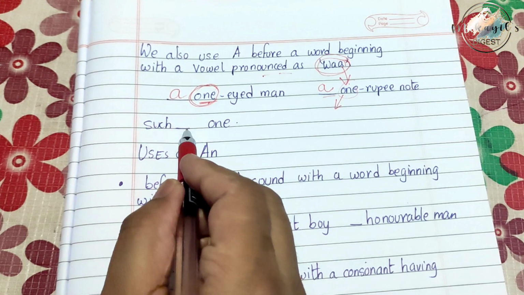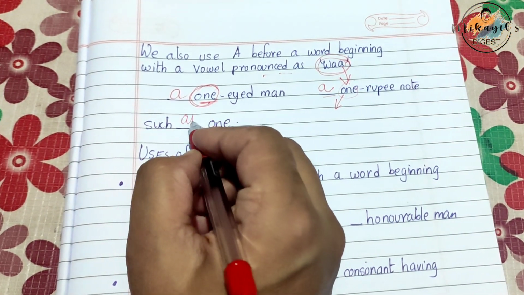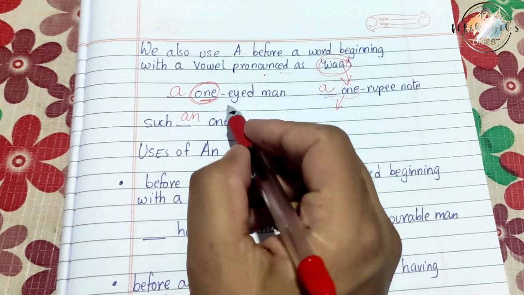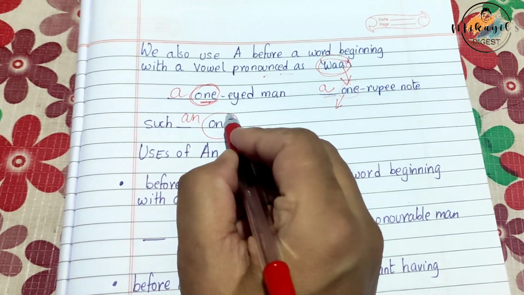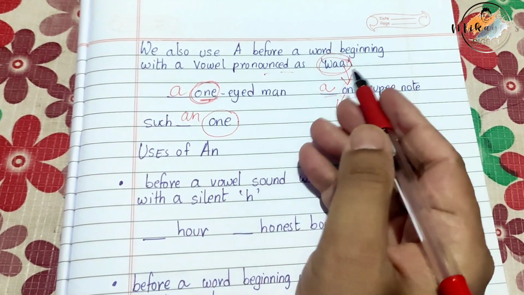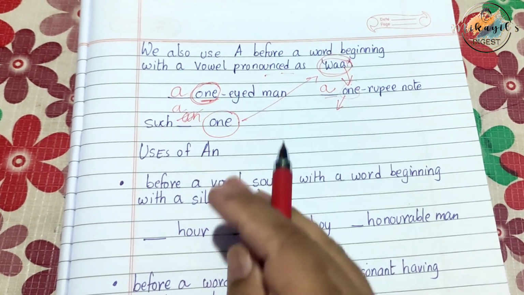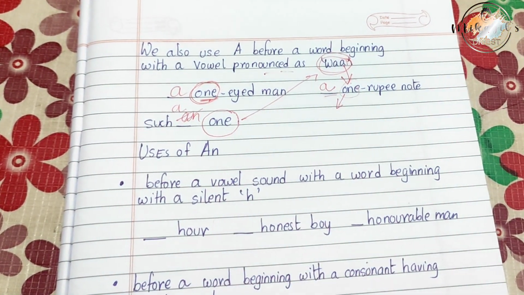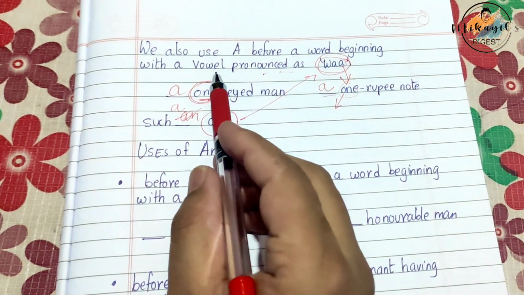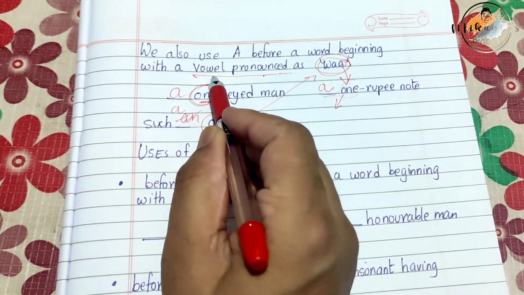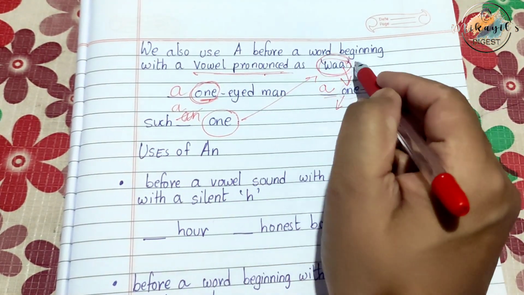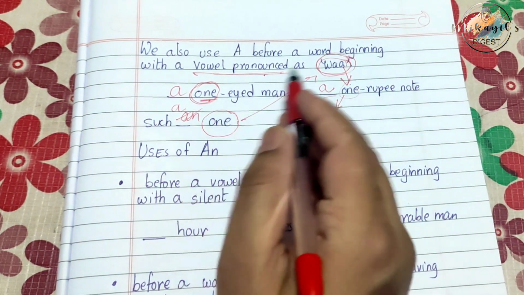Similarly, such dash one. We cannot add such an one, because this particular word has a vowel sound pronounced as w. We need to add a here. So what we understood here, learners, is that whenever there is a vowel sound which comes like w, we cannot add an.